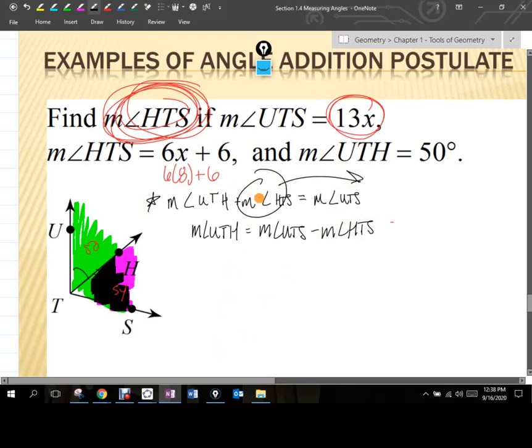Okay. So ultimately, it's still angle addition, you just did some of the moving of parts in a different step, a different order. I know it looked different, but it's still the same thing. And it's perfectly fine.